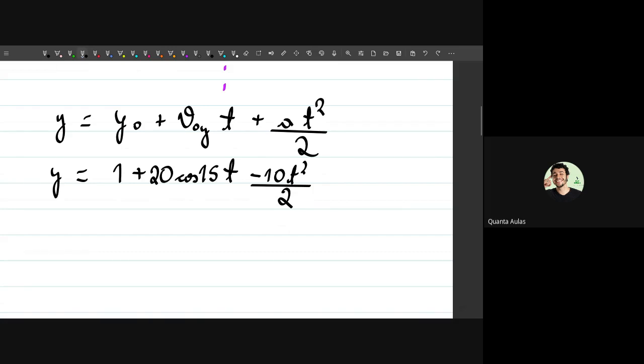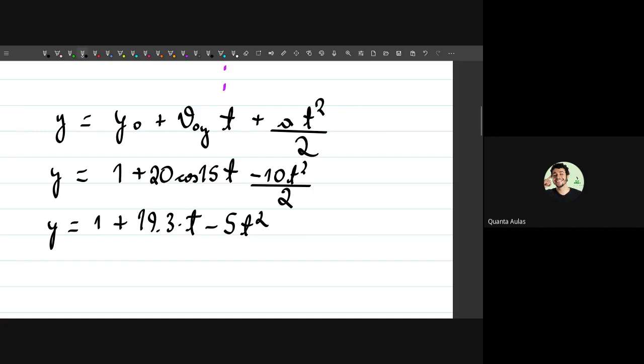In my calculator, this is 0.97. So 0.97 times 20 is 90.3. Then y equals 1 plus 90.3 times t minus 5t squared.